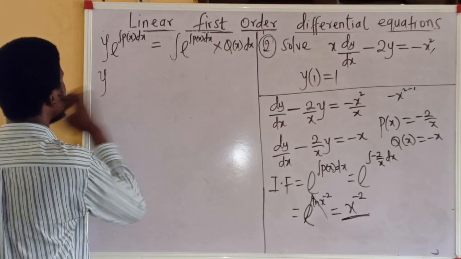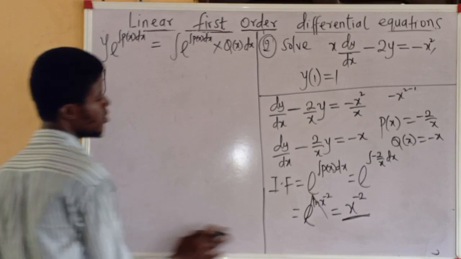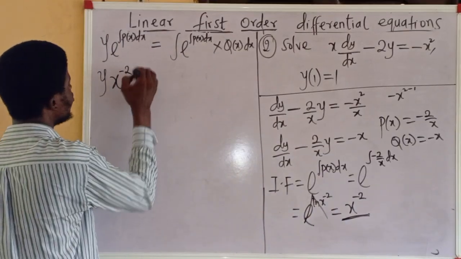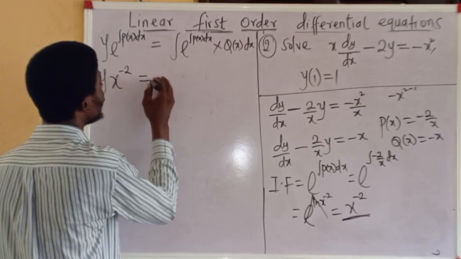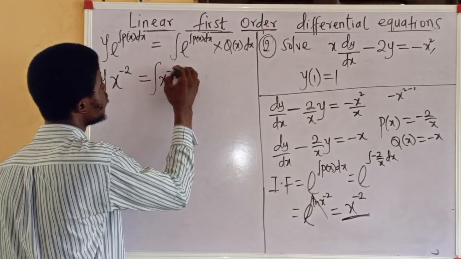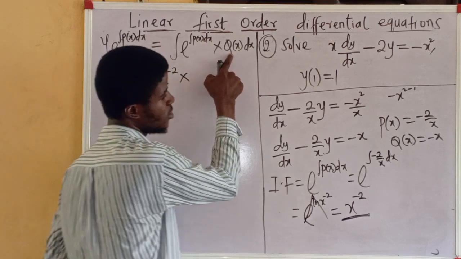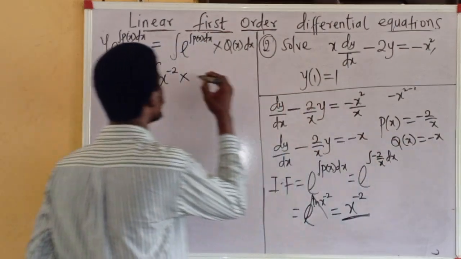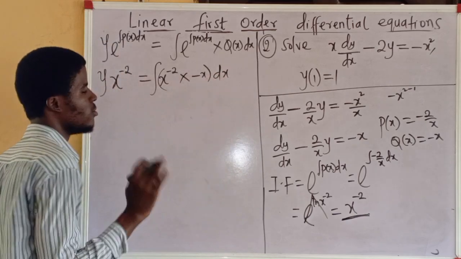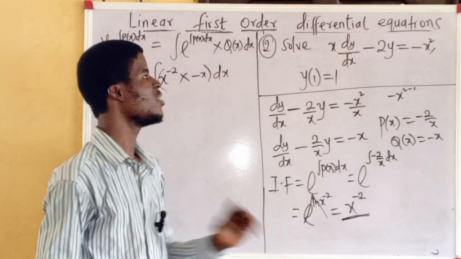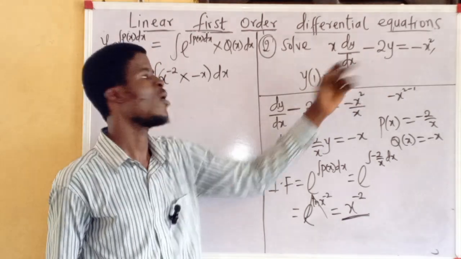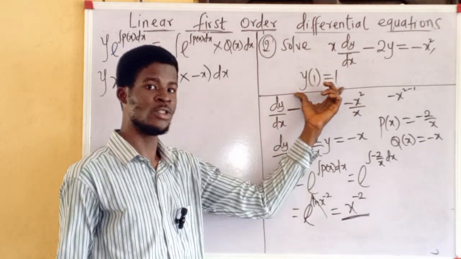So y times the integrating factor is x raised to the power minus 2, which is equal to the integral of x to the power of minus 2 times q of x, which is minus x, dx. Take note, we are determining the general solution first of this differential equation, and after that we'll apply these initial conditions.